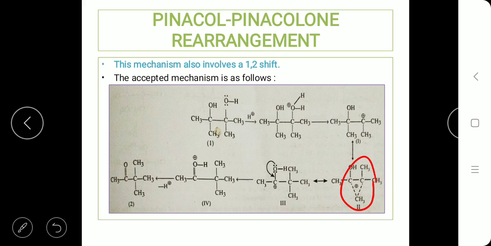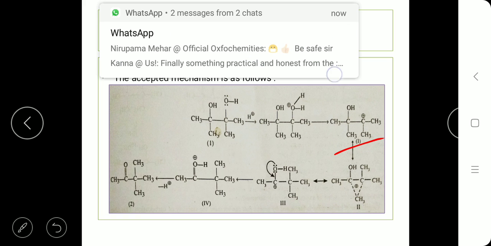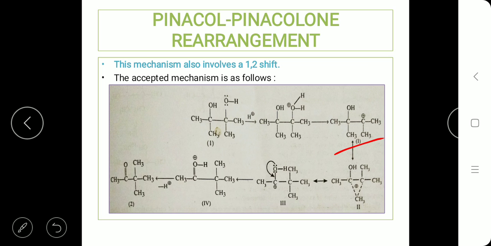Now the next step, after the bridged carbocation is generated, is a shift of the methyl group. Let us go back to this carbocation which is formed here. There is a positive charge on the carbon atom, which you can name as the second carbon atom.